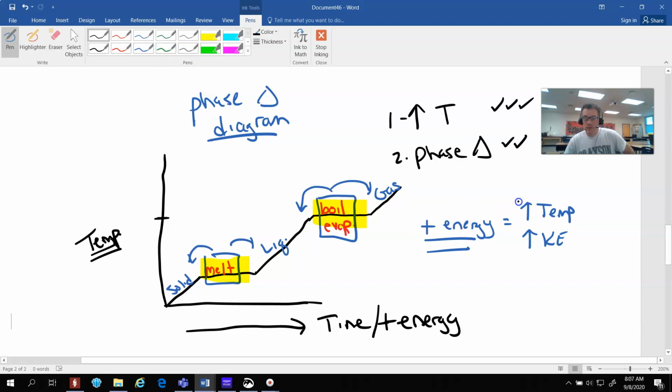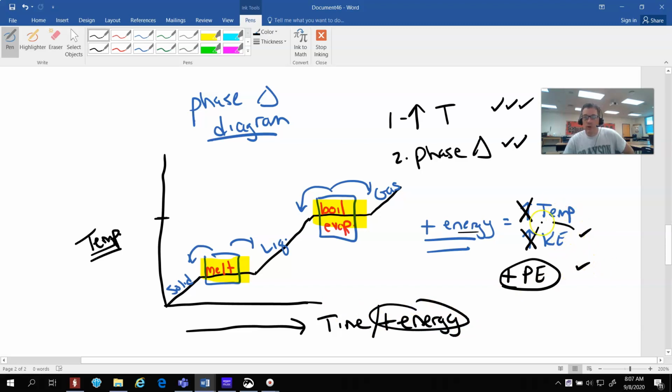So in these flat lines, there's not an increase in temperature, which means that there's not an increase of kinetic energy. But we're still adding energy. So what's happening right here is that we're actually adding more potential energy. Okay, so because we're adding energy, we have to be adding either kinetic or potential, or both.